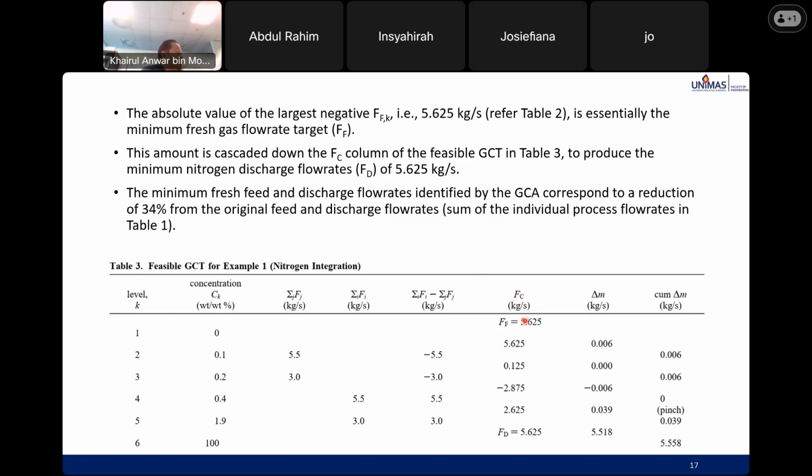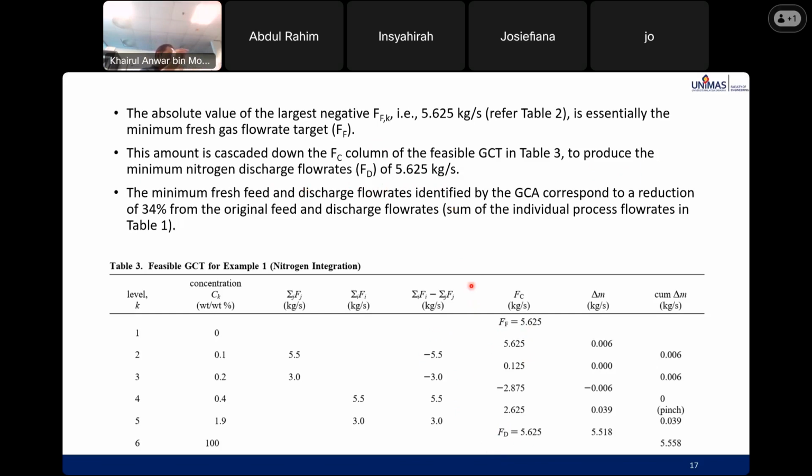So cascade means 5.625 minus 0, get this value, again minus 5.5, till you get the FT, to produce the minimum nitrogen discharge flow rate FT of 5.625 kilogram per second, similar to FFN FT.